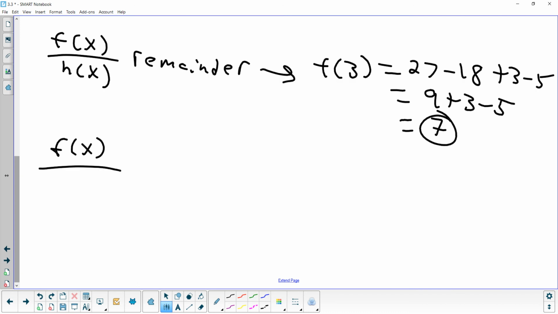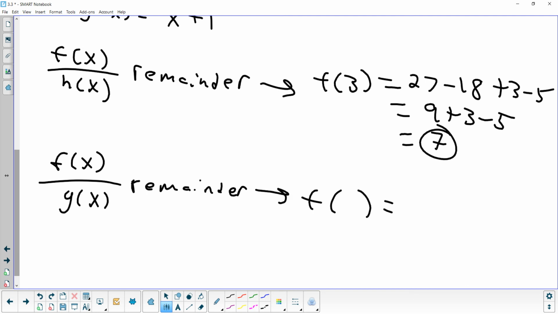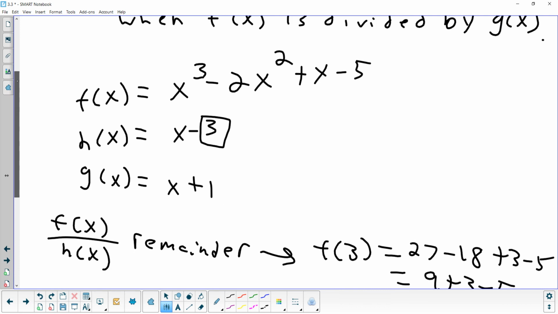F of x divided by g of x. And we're going to find the remainder. Question is, this time, what am I going to plug in to f of x? I said to always plug in the number after the minus sign.